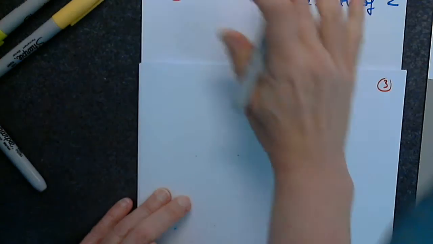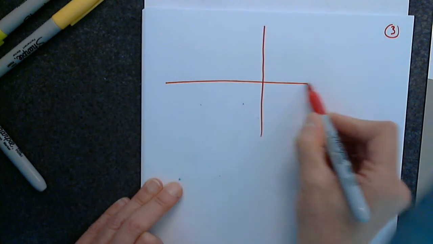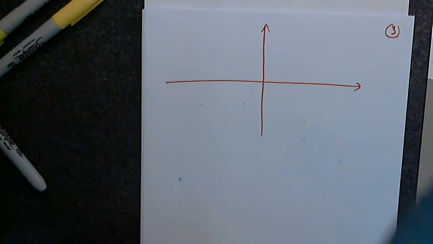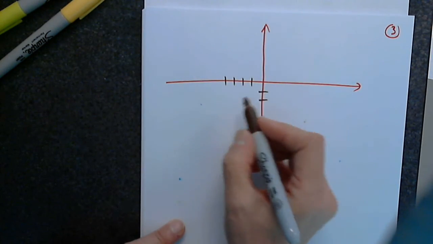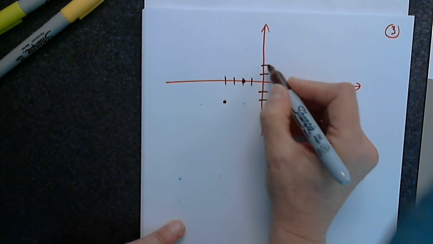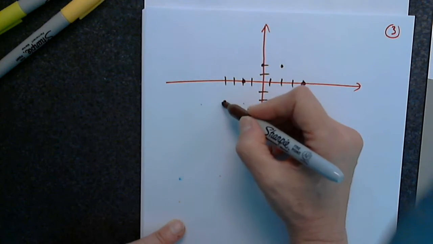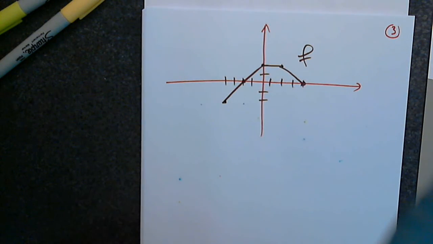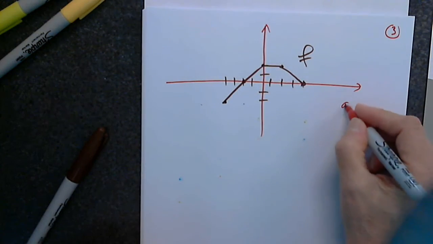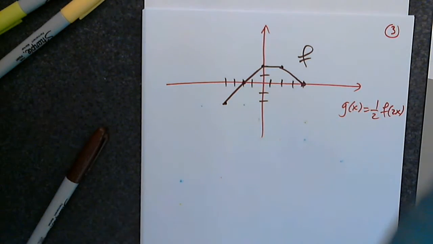I have to graph the function one more time, because I don't want to put both on the same coordinate system. So let's graph it. Not difficult. So -4, 2, 2, 0, 0, 2, and 4. Good. So this is function f. And now we want to graph g of x, which is 1/2 f of twice x.